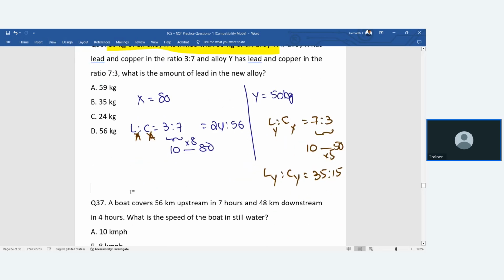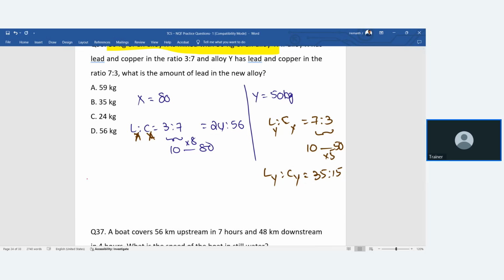If X and Y both are added, then lead is 24 plus 35, 59. Copper is 56 plus 15, which is 71. So 59 is lead in the new alloy. Copper is 71. You can see that clearly.